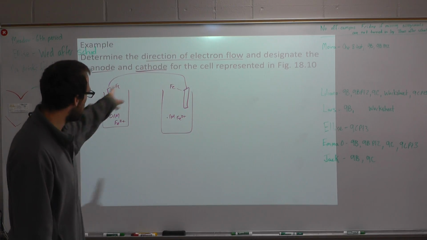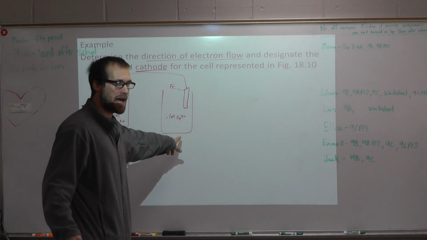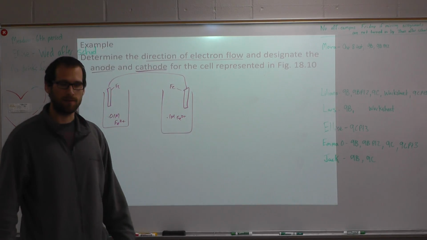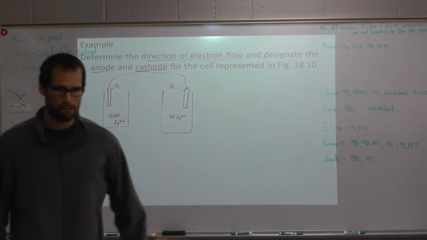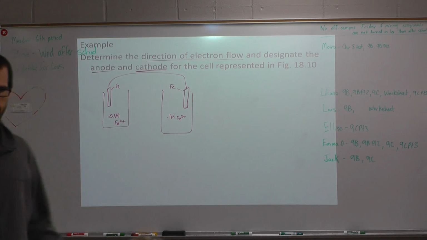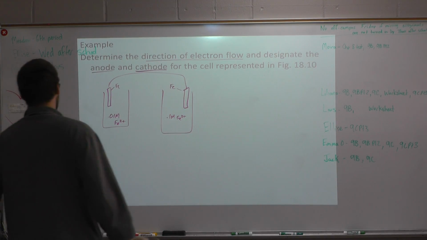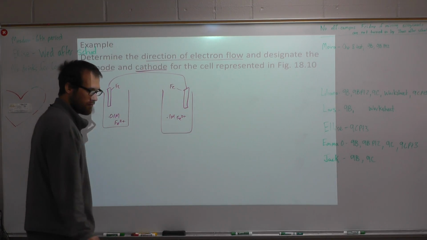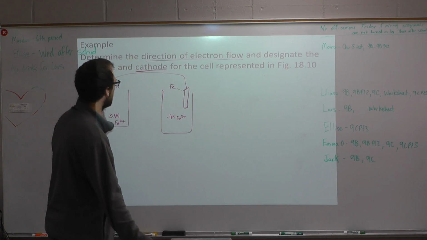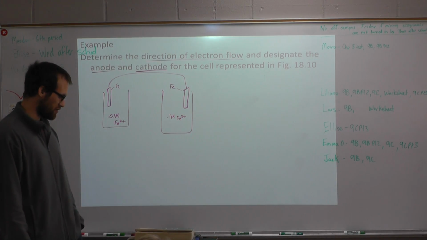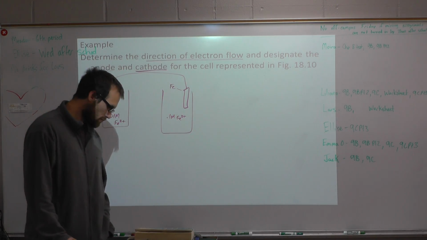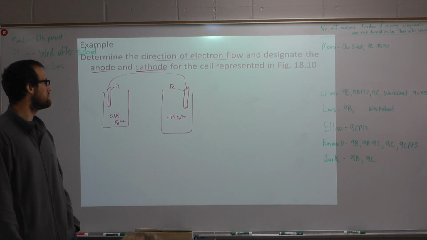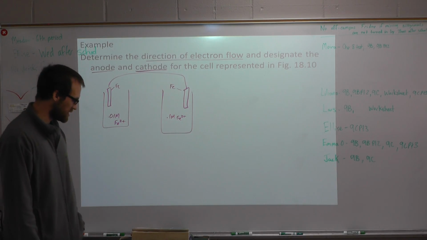Right, if the electrons go that way, this has to be the what? Because that's the side that's getting reduced. So really, once you find the electron direction flow, you'll be able to determine pretty quickly which one's the anode and the cathode.